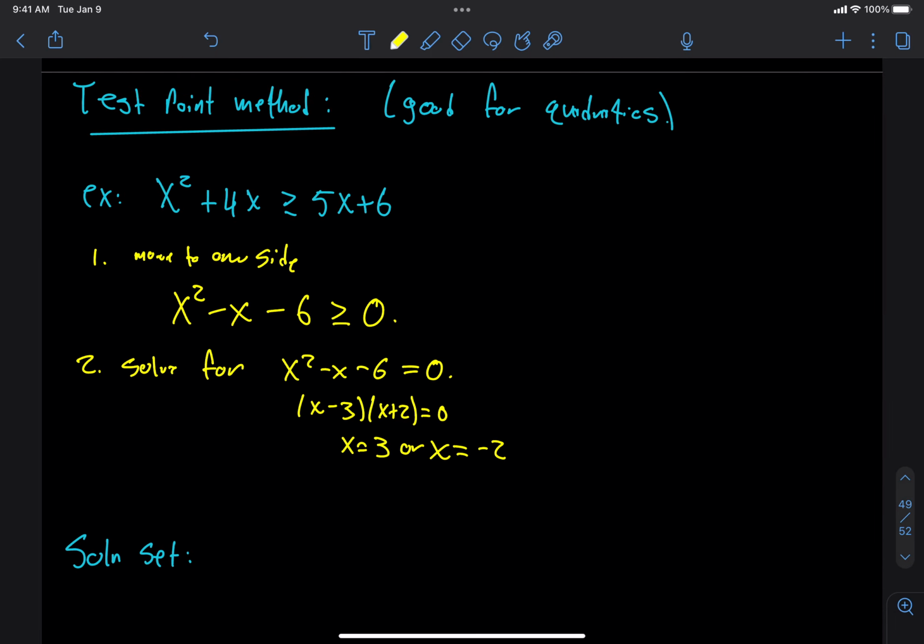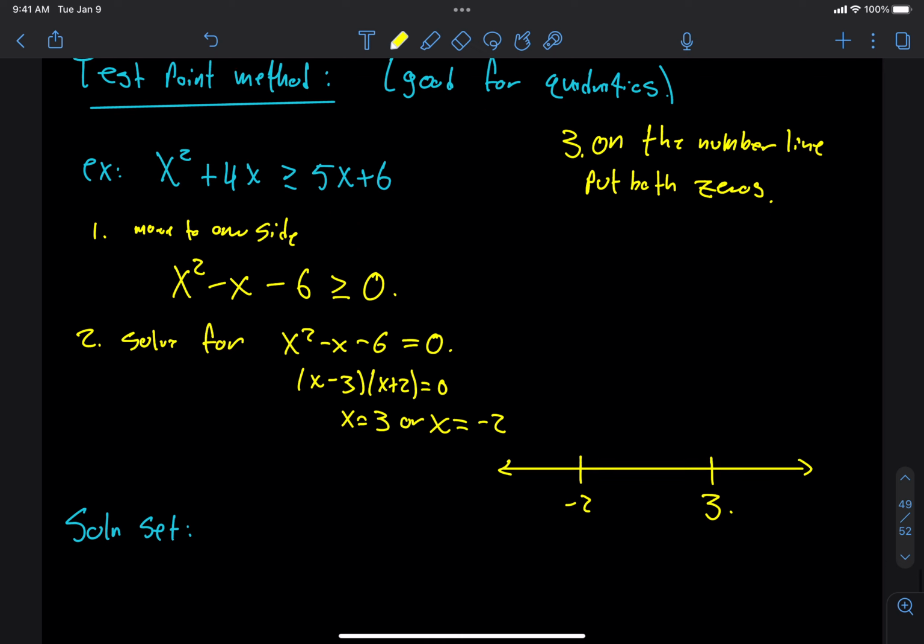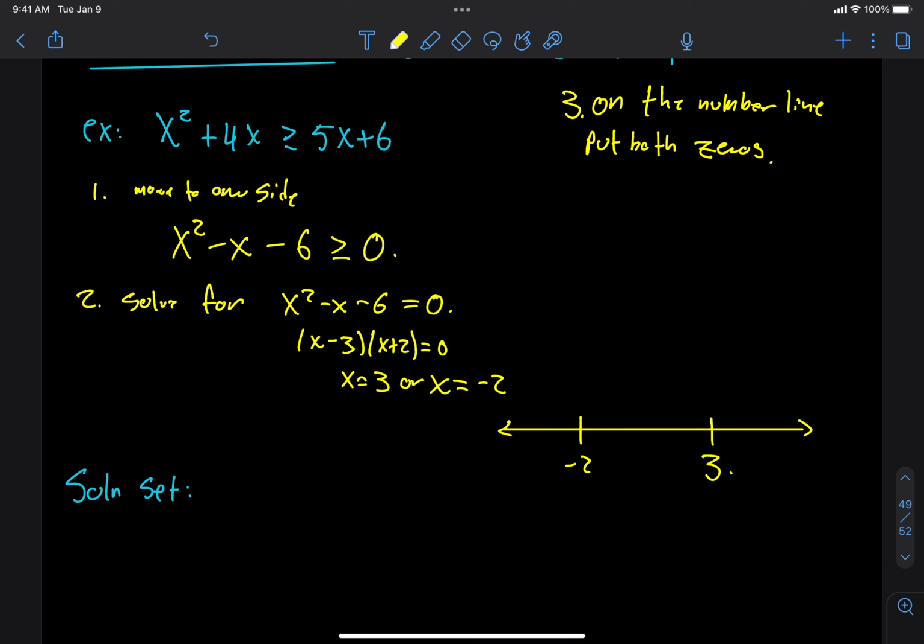We are going to draw a number line. Big sigh. I feel you. On the number line, so step 3 is on the number line, put both zeros. Those would be negative 2 and 3. Now comes the test point part of the test point method.